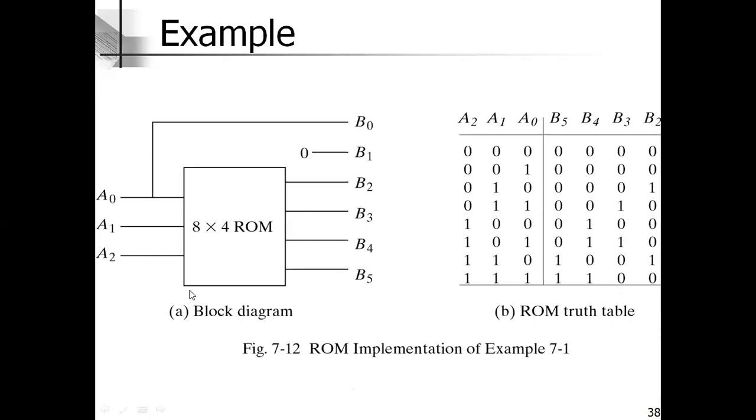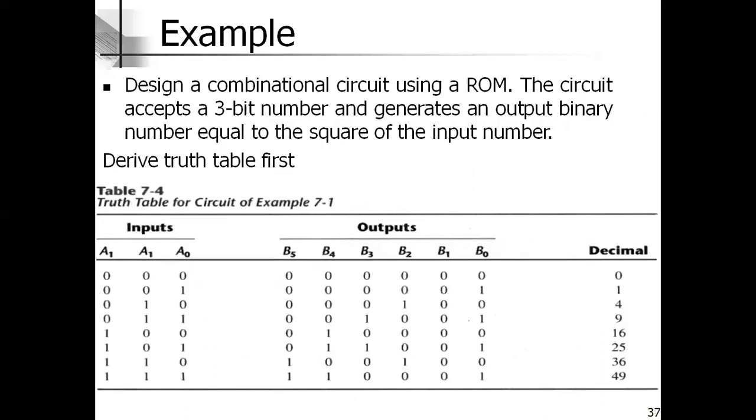In this way we have to do the ROM implementation for 3 inputs, where the output is a binary number equal to the square of the input number. So this way we have to represent.